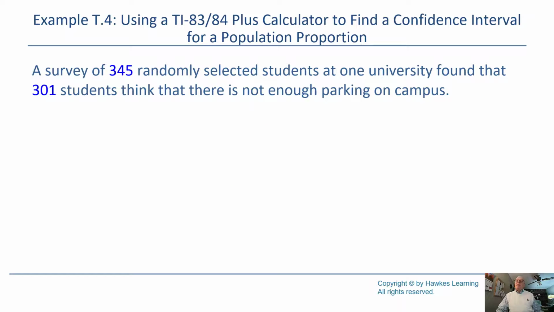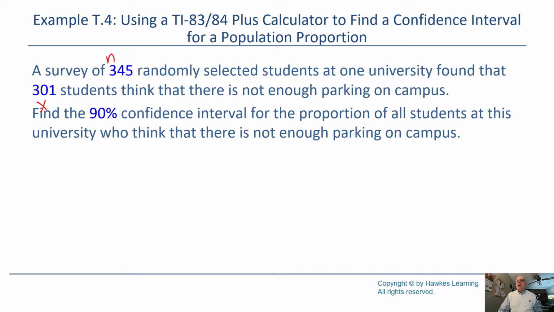So here's the example for you to play with. You've got a survey of 345, and there's your N. They found the 301 students, that's your X. And they found there wasn't enough parking on campus. How confident do you want to be? Well, this time we're going to use 90%. So go to Stat, Tests, there we go.